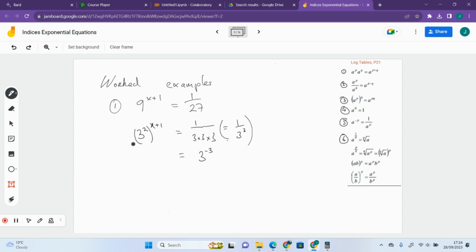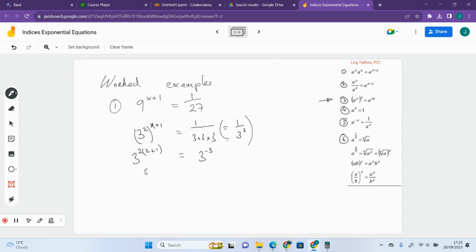Now, have a look at this. It's 3 to the power of 2, and then outside of that, it's to the power of x plus 1. Well, the third rule does that: a to the power of p, and then outside of all that, to the power of q. What you do with the two of them is you do p by q. So what I need to do here is 3 to the power of 2 multiplied by x plus 1.